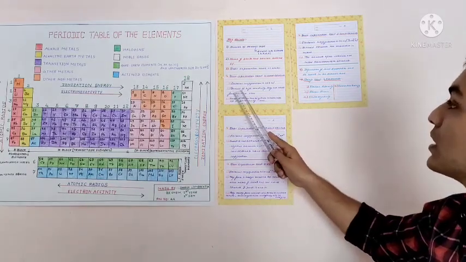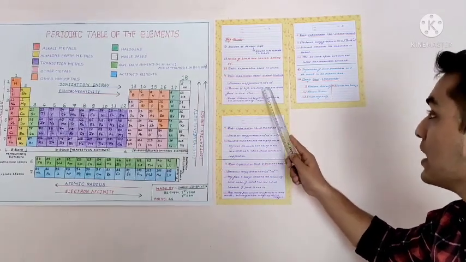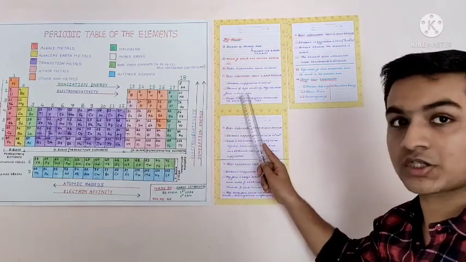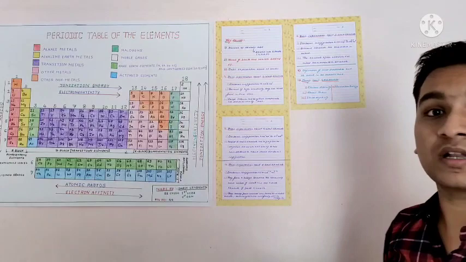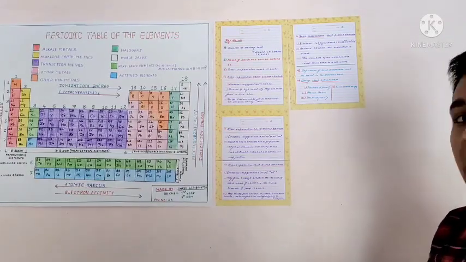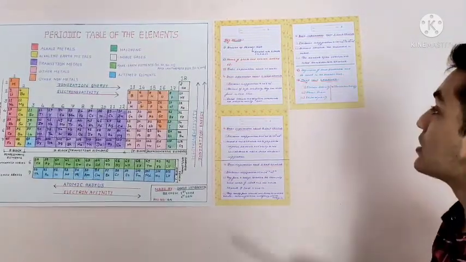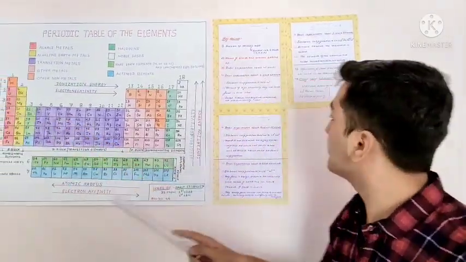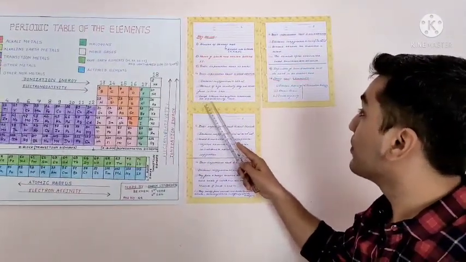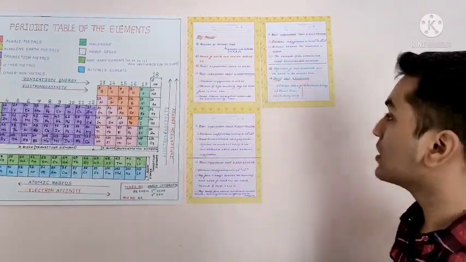Second point, because of high reactivity, they are never found in pure state. As we know, these elements are very reactive, so they can react with air also. So they are never found in pure state. Third point, except lithium and beryllium, the compounds are predominantly ionic compounds.